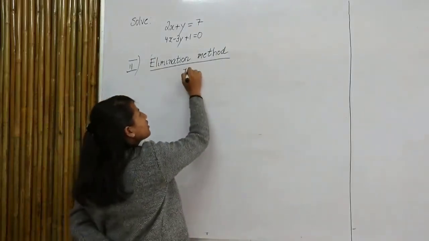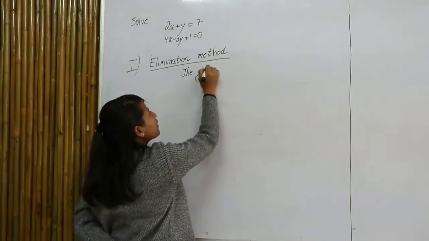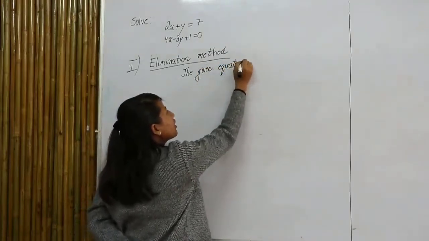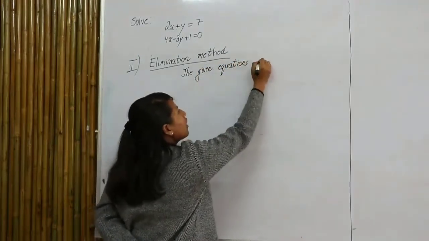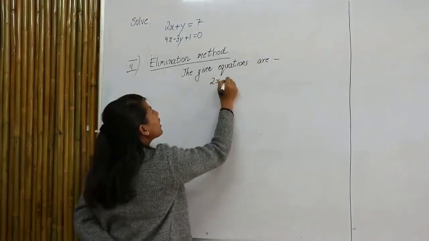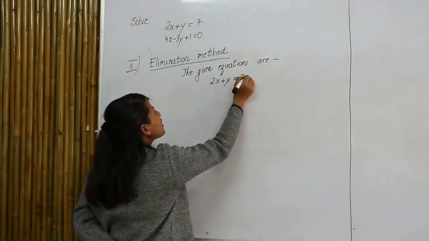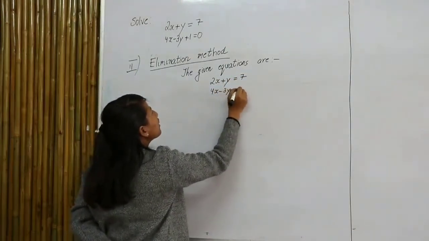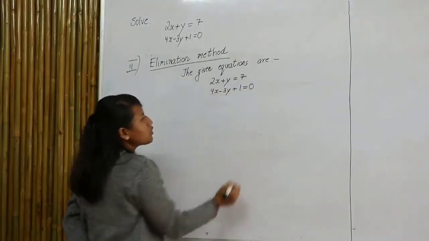So the given equations are 2x plus y equal to 7, then 4x minus 3y plus 1 equal to 0.